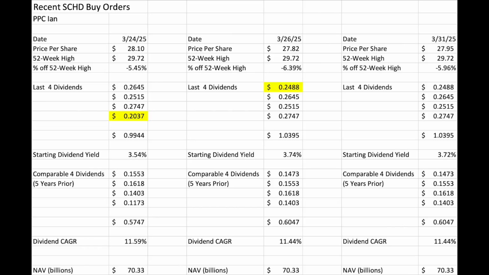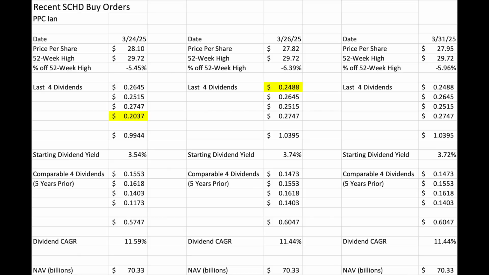But what I really want to hone in here is recently they increased their last distribution. You can basically see there that on my 3/24/25 trade, this is before they increased the distribution, you can see that the last 4 dividends were 26 cents, 25 cents, 27 cents, and 20 cents. But they just announced the new dividend, and that new dividend is 24.8 cents.